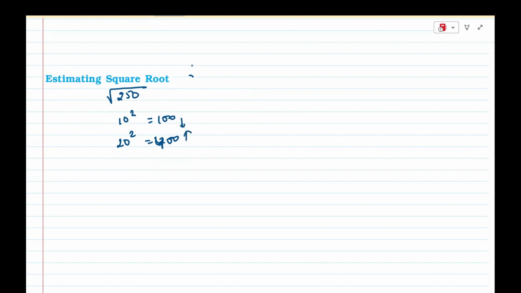Let's try the next numbers. Suppose I'm taking 15 squared, which is 225. If I'm taking 16 squared, it is 256, correct? So see, the gap was very large. It means I have to increase 10, so I made it 15, and decrease 20, which I made 16. And 250 is very close between these two numbers, correct? 225 and 256, correct?